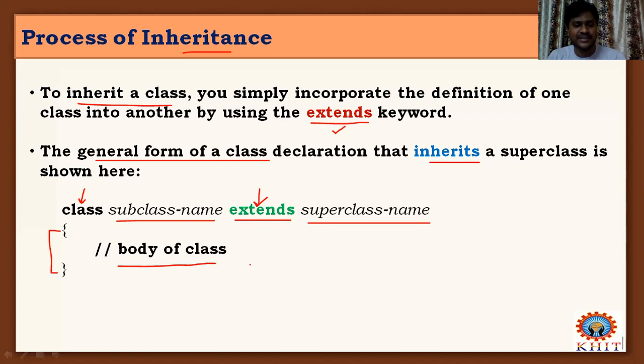In the scope of this subclass it may have some members of its own, and inside this subclass scope it can access the members of the superclass by declaring this new subclass using the extends keyword.